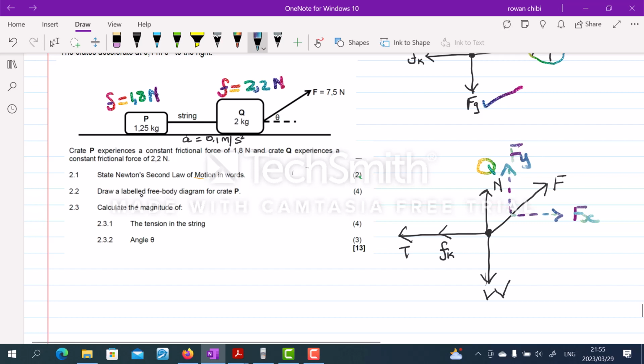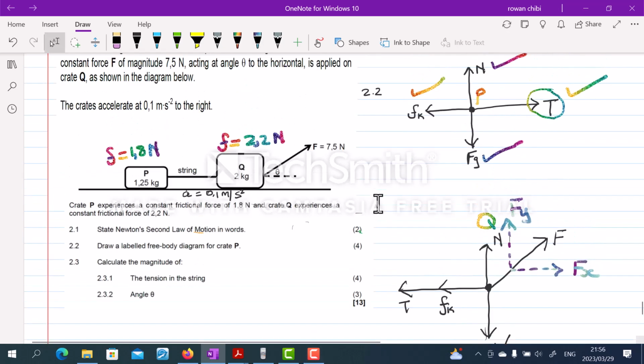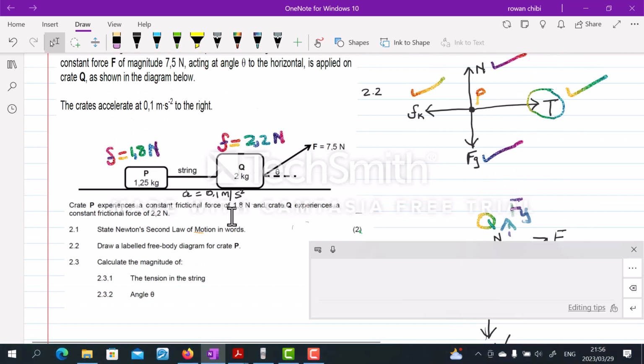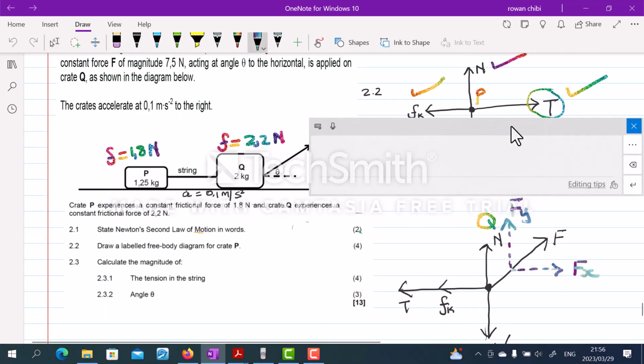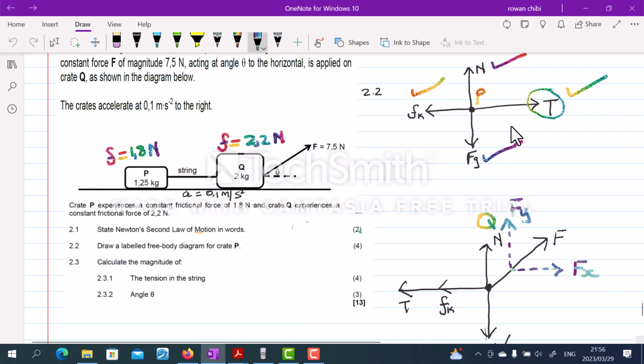So if you look at these 2 free body diagrams, this is the tension from Q. The magnitude of this tension from P and the magnitude of this tension from Q is the same, but it is in opposite direction. The magnitudes are equal, but the directions are opposite to each other.